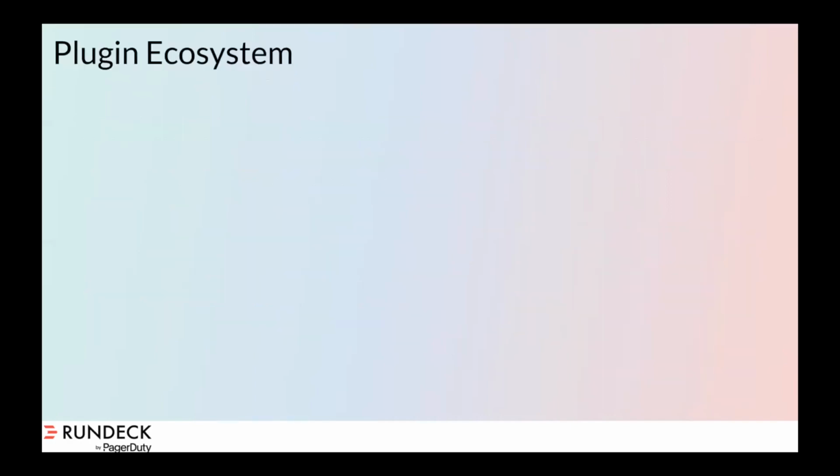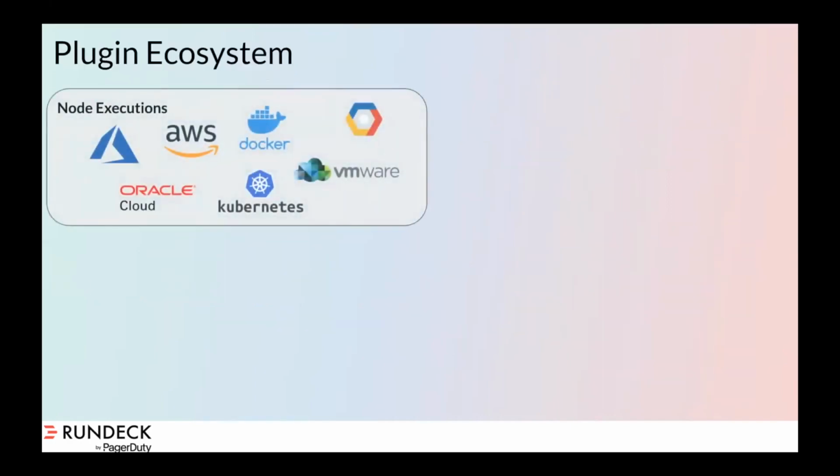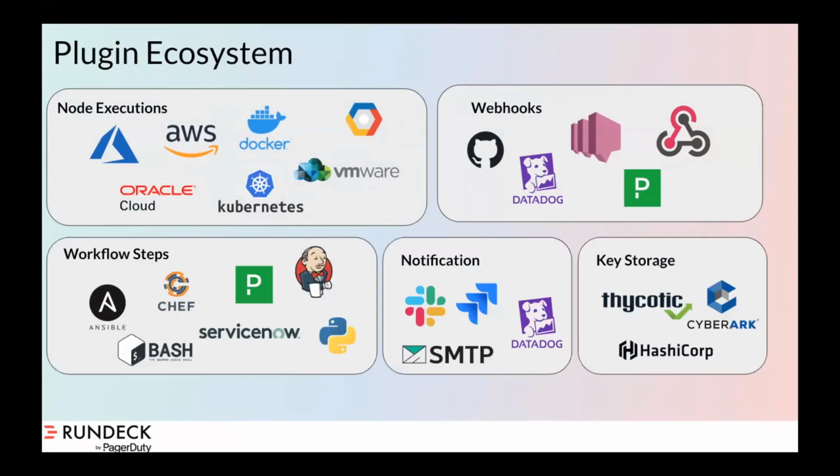Now let's look at the plugin ecosystem. Here we have a few example plugins across job workflows, node executors, notifications, and other core service areas of Rundeck. Most every feature, even UI elements that you see in the Rundeck platform, are implemented as plugins.